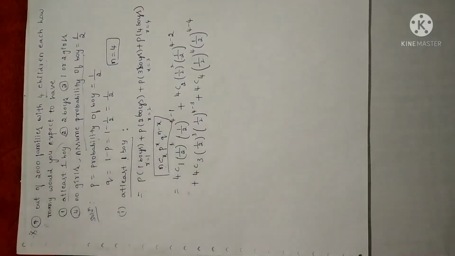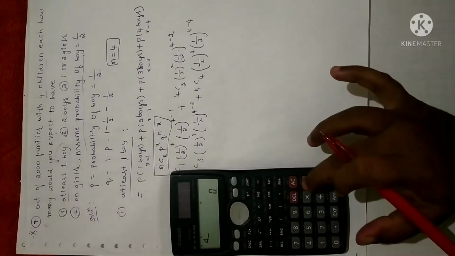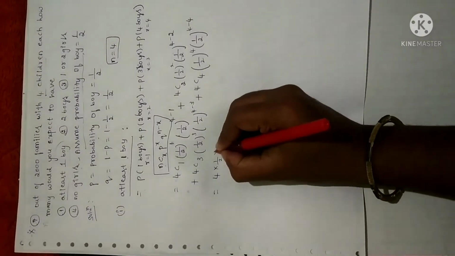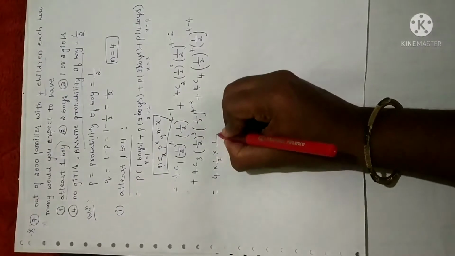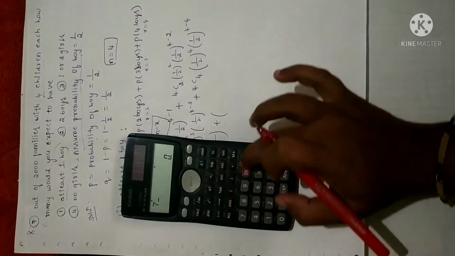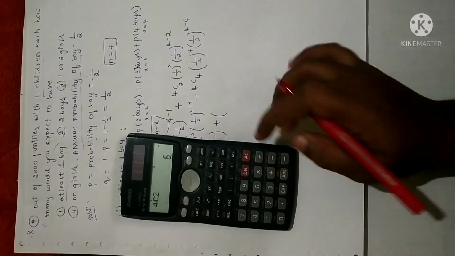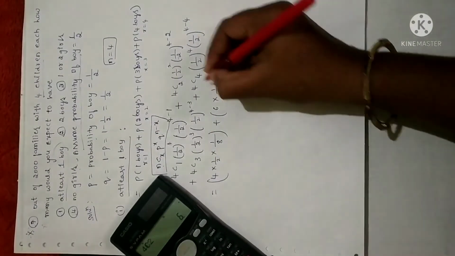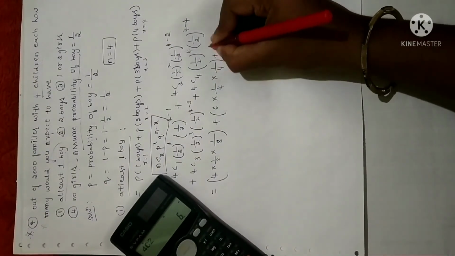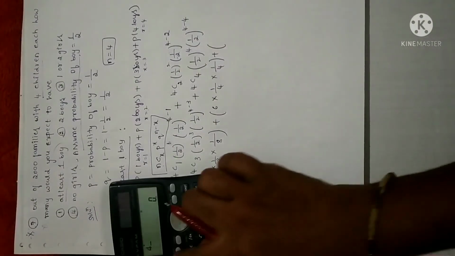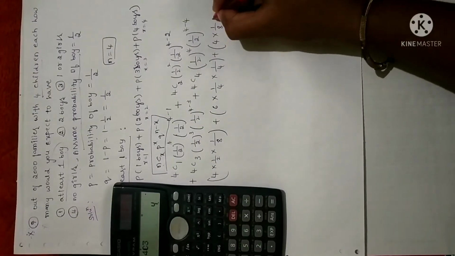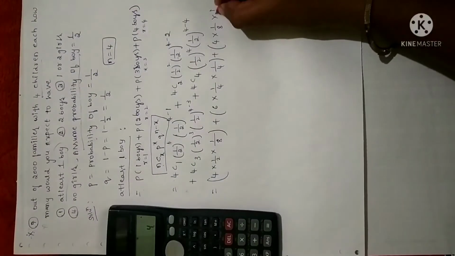Now let me simplify. I'll just use the calculator. 4C1 is 4. So 4 into 1 by 2 into, what is the value of 4 minus 1? 3. So you will get 1 divided by 2 cube, which is 8, plus 4C2. 4C2 is 6. 6 into 1 by 2 square is 1 by 4, into 4 minus 2 is 2, 1 by 4, plus 4C3, 4 into 1 by 2 cube is 1 by 8, plus 4 minus 3 is 1, 1 by 2 you will get as it is.